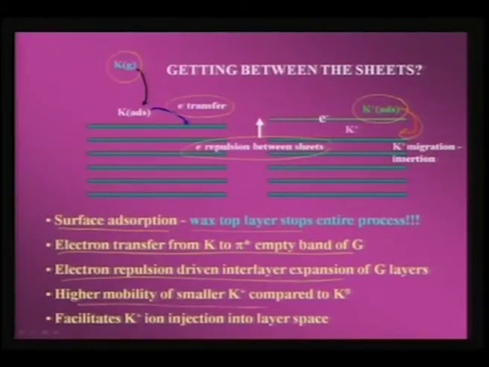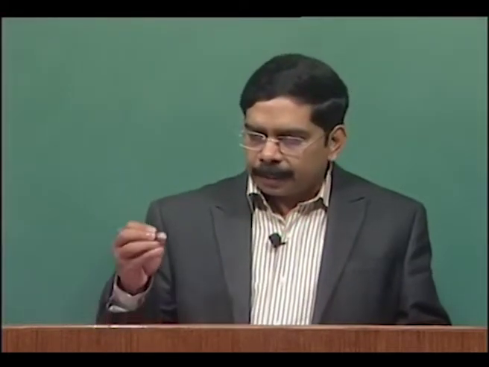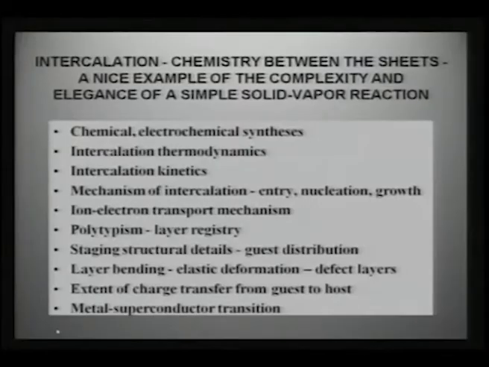The higher mobility of the smaller K+ compared to K0 will also alter the graphitic sheet alignment, and this facilitates K+ ion injection into the layer space. So many mechanisms happen in a simple reaction at a gas-solid interface, and therefore the mechanism of any solid state chemistry synthesis is quite involved.